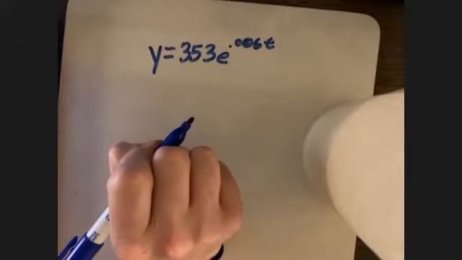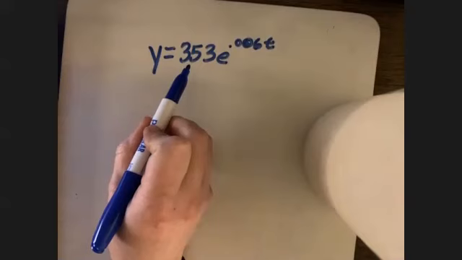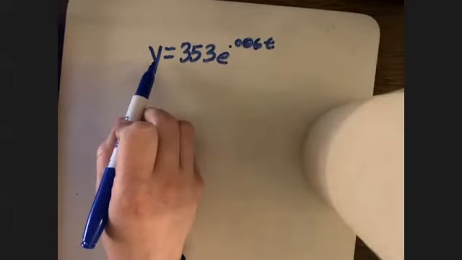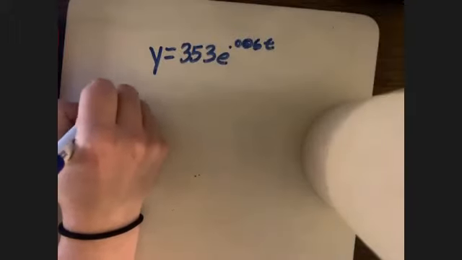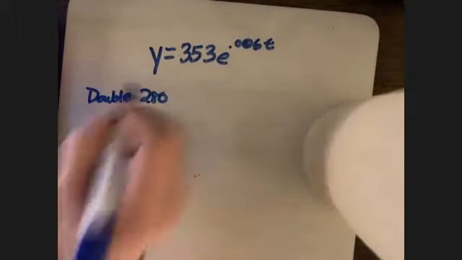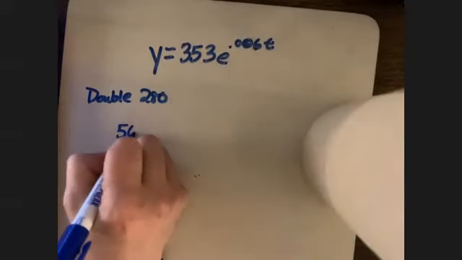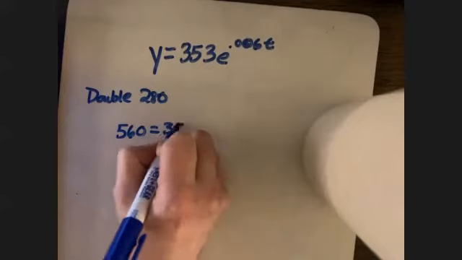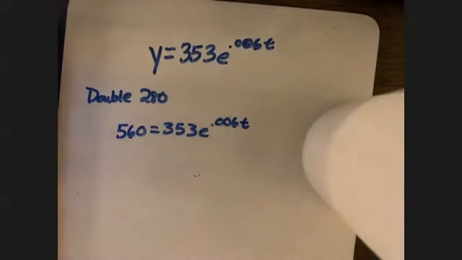The other thing they'll ask is they'll give you a secondary amount. So for example, this one asks, when will it double 280? Well, double of 280 is 560. So now again, we're going to solve for t.